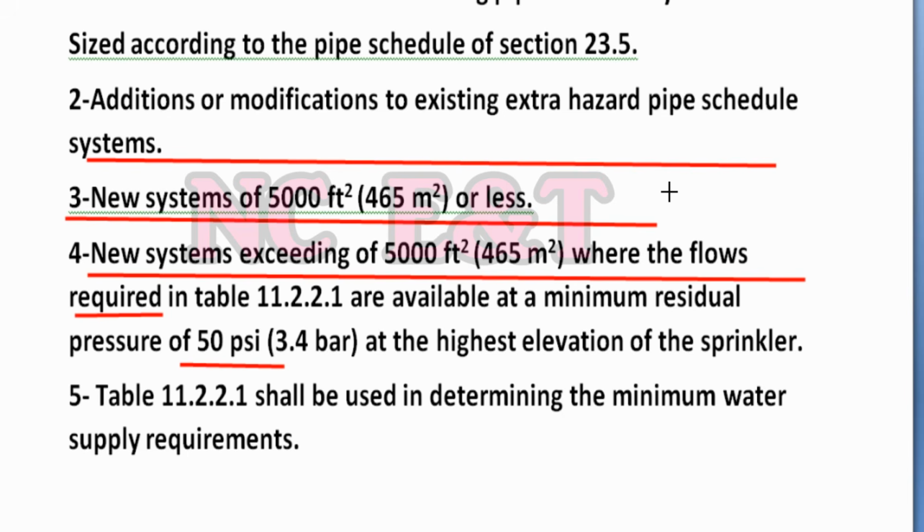So for emergency cases you can use this method for the area exceeding 5000 square feet, but you need to follow the condition. You need the residual pressure 50 psi, that is much higher than the residual pressure up to 5000 square feet.